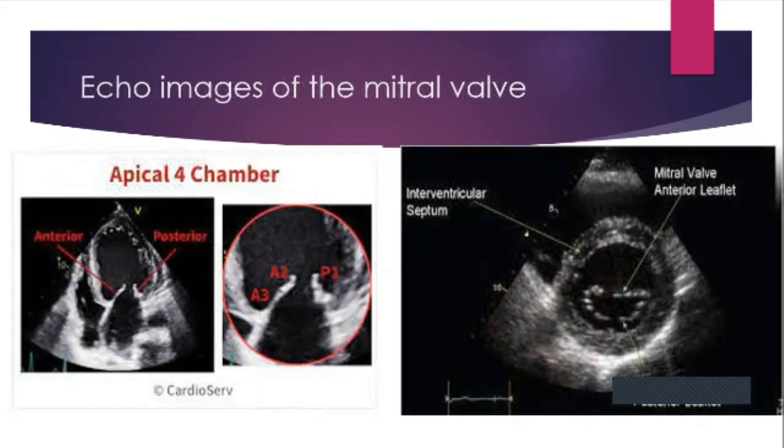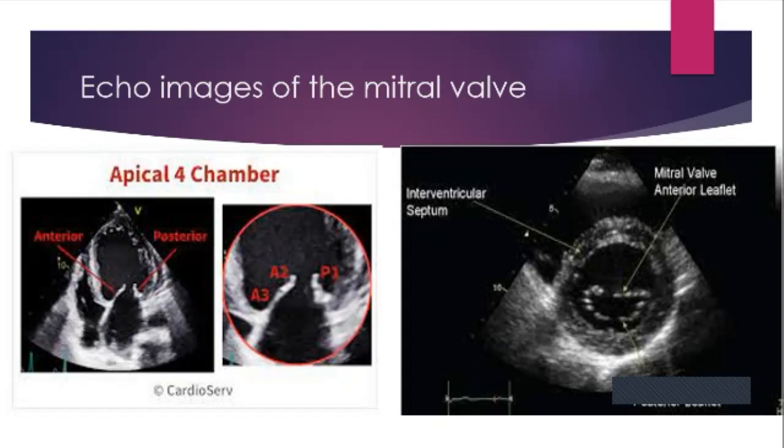The mitral valve in the apical chamber view is best visualized. The apical chamber is the best for visualizing a mitral valve. You can see the anterior is longer than the posterior in a four-chamber view.